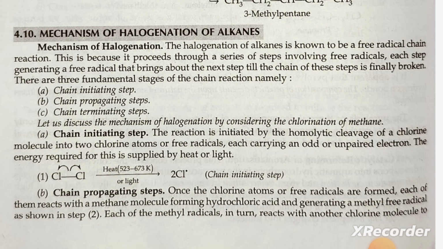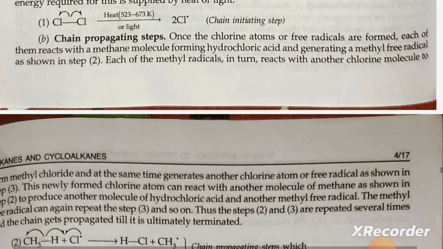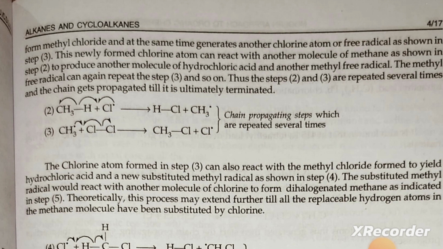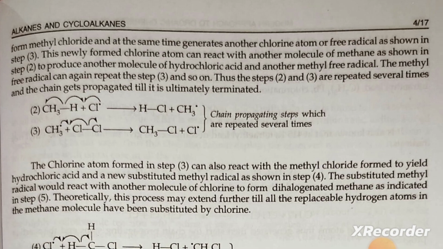B. Chain propagating step. Once the chlorine atoms or free radicals are formed, each of them reacts with a methane molecule forming hydrochloric acid and generating a methyl free radical as shown in step 2. Each methyl radical in turn reacts with another chlorine molecule to form methyl chloride and at the same time generates another chlorine atom or free radical as shown in step 3.